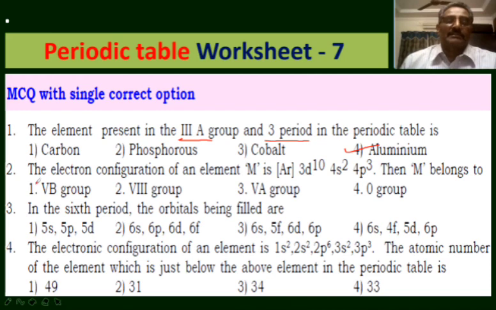Second question. The electron configuration of element M is argon 3d10 4s2 4p3. Then M belongs to dash group.